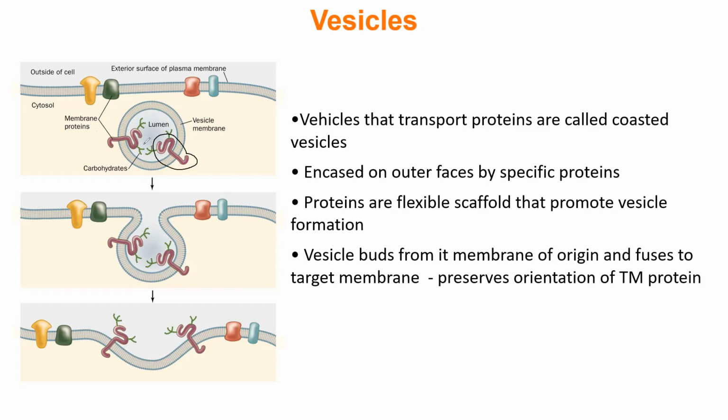Now, the part of the protein that is going to face the outside of the cell is in the lumen, the inside of our vesicle. And that is the part that has carbohydrates on it. So right now, before we've even got to the plasma membrane, our protein is in the correct orientation, right?